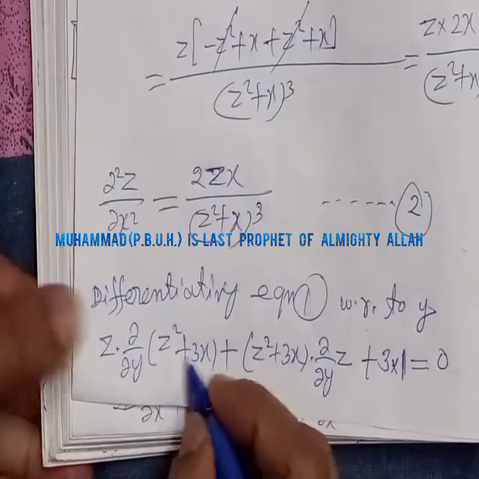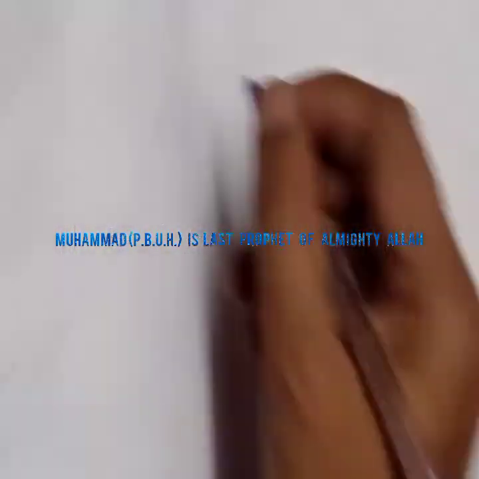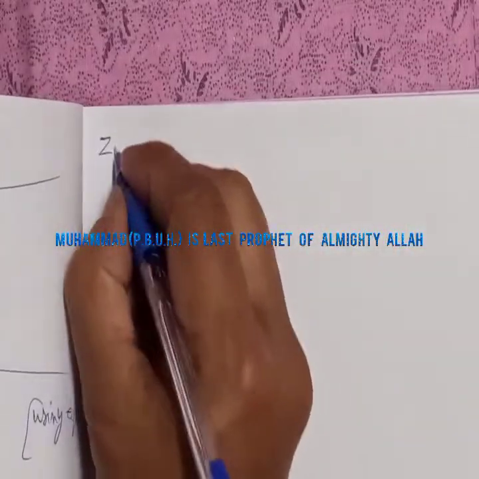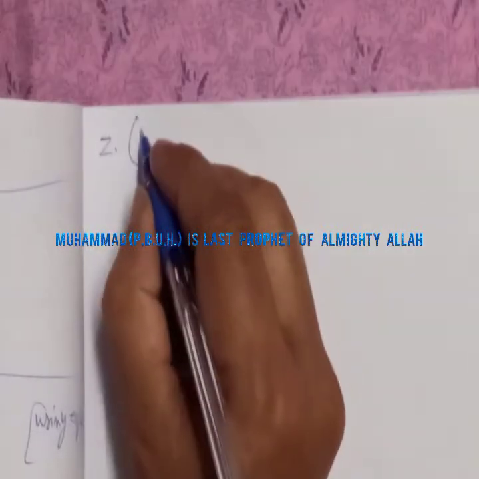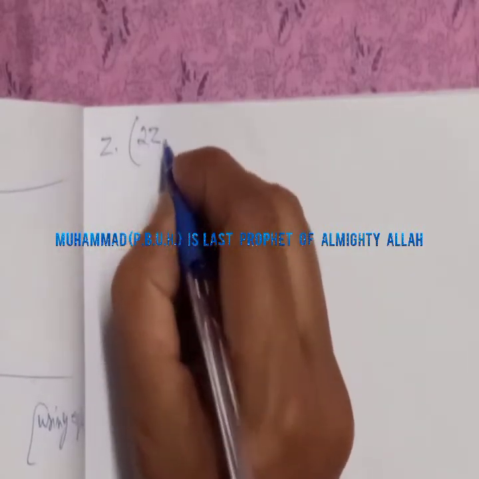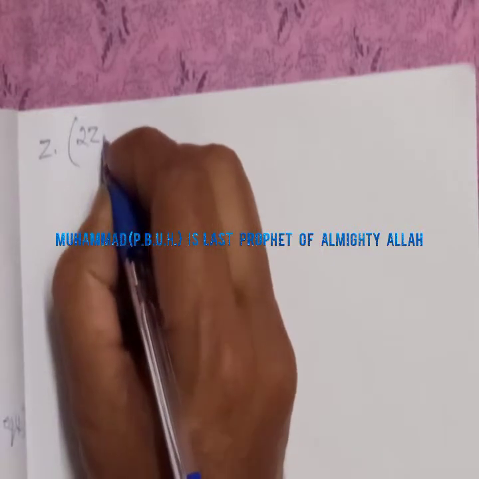Now we should differentiate here, write z as it without any change, and differentiate z square. We get 2z, but it is not y, it is z.